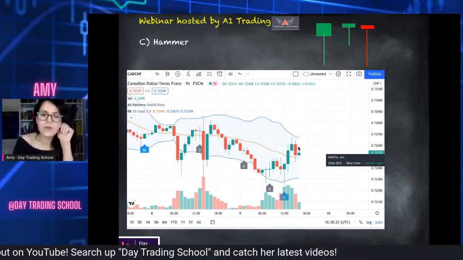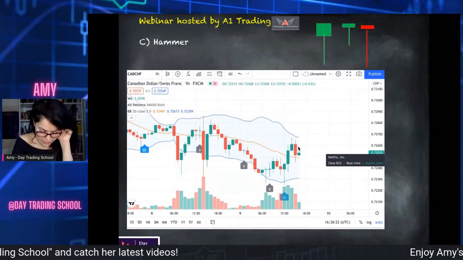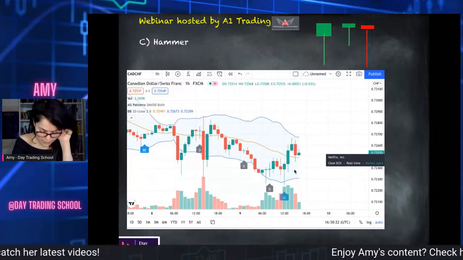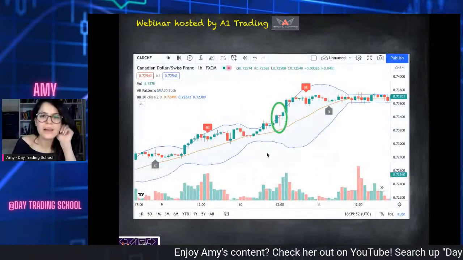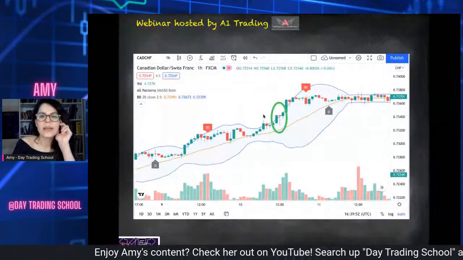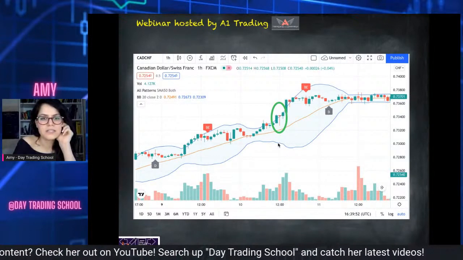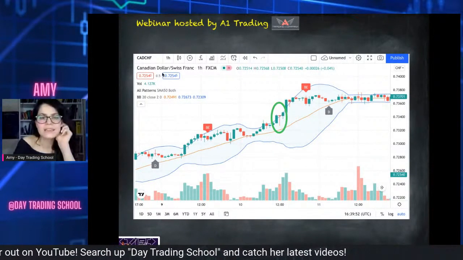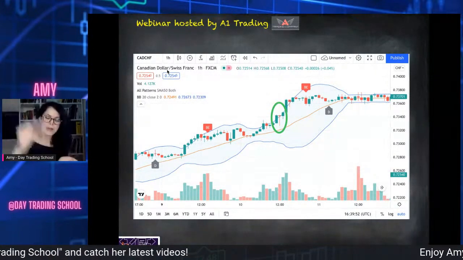Now here, what I want to show you is we've got a hammer, right? I've marked this hammer right here, and this is on the hourly level. First of all, the higher the time frame, the more reliable.